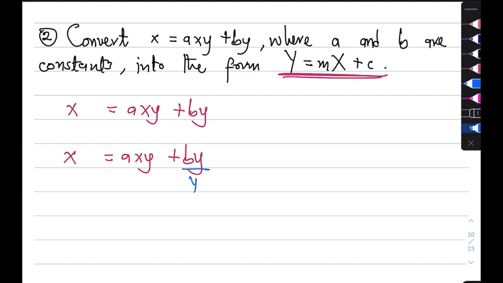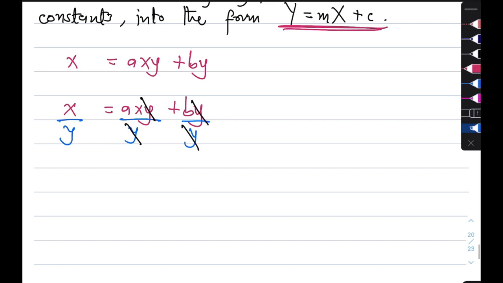If I divide through by y, then this y will cancel that y, and this y will cancel this particular y. So my result is going to be x over y is equal to ax plus b.